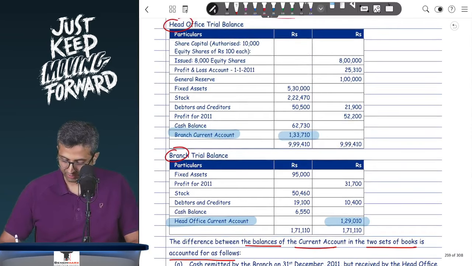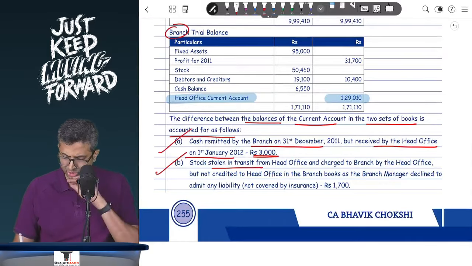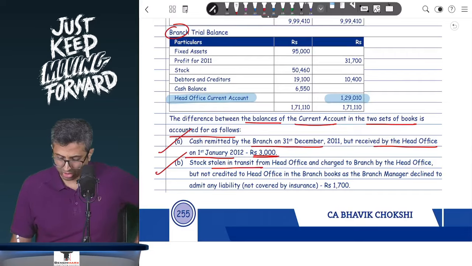So the head office will pass the entry: cash in transit account debit to branch current account. So over here in my cash balance, maybe I will add another 3,000 and in my branch I will subtract 3,000.